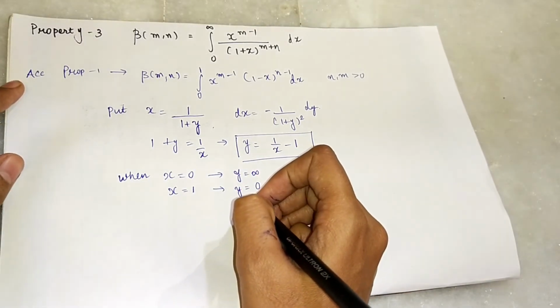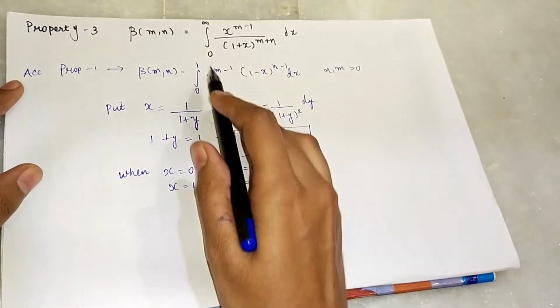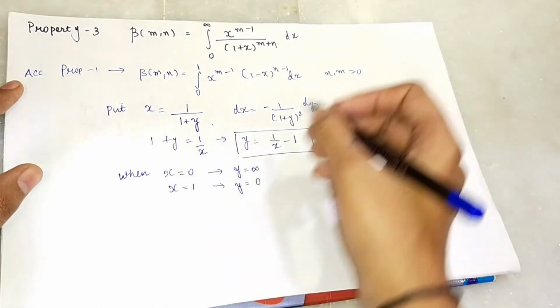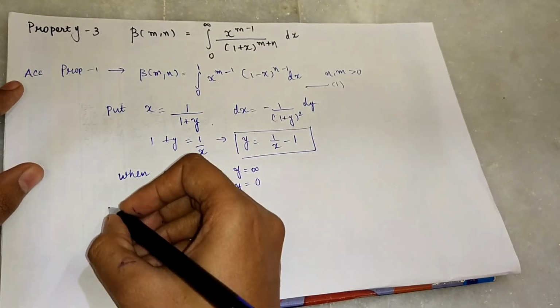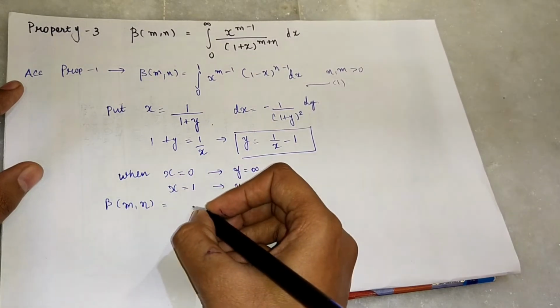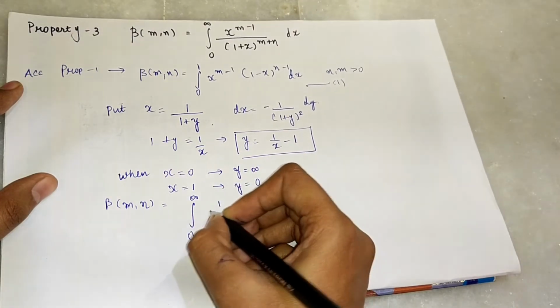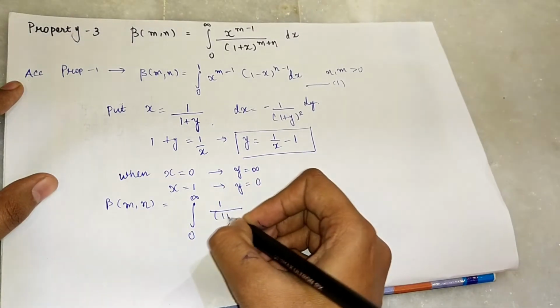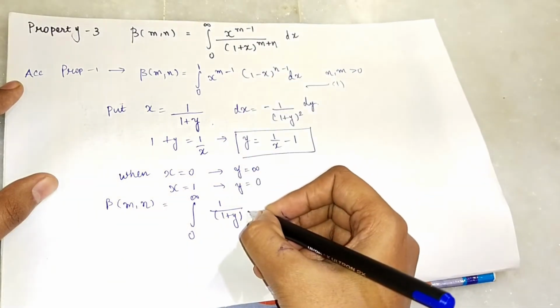Okay, so now if we substitute this value in equation 1, then we get beta m comma n equal to the integral from 0 to infinity of 1 upon 1 plus y raised to m minus 1.